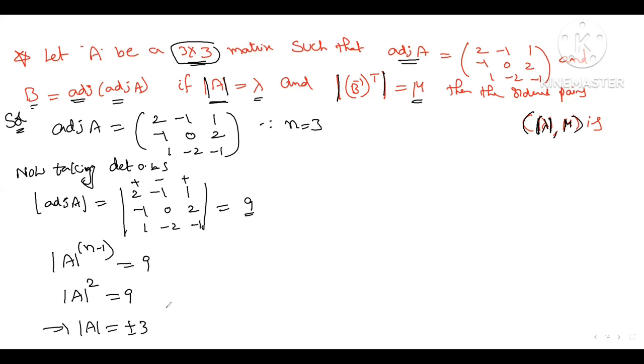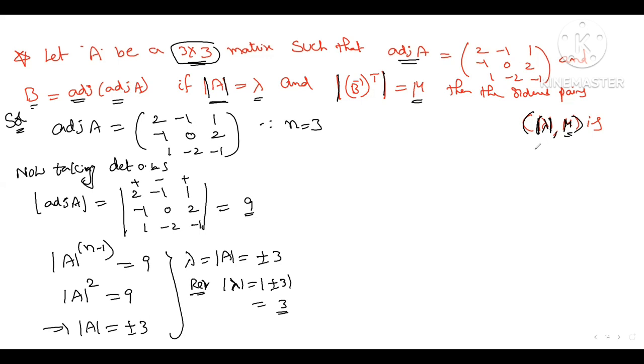From the statement, lambda is equal to delta of A, which is plus or minus 3. But modulus of lambda is required, and modulus of plus or minus 3 is 3 only.